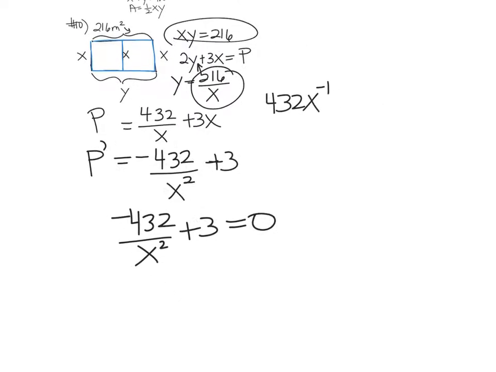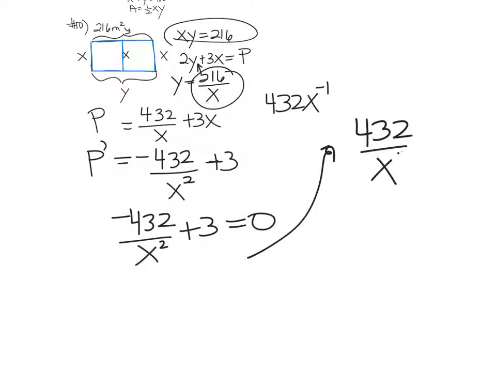So we'll add that negative 432 over x squared to the other side. So 432 over x squared is equal to 3. And then cross multiply, and you get 3x squared equals 432. Oh, this is so pretty.